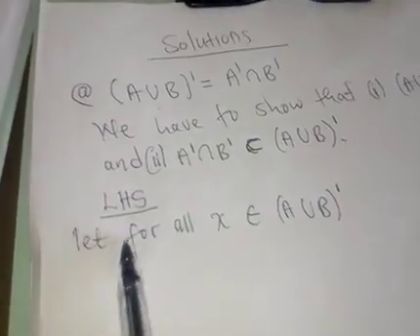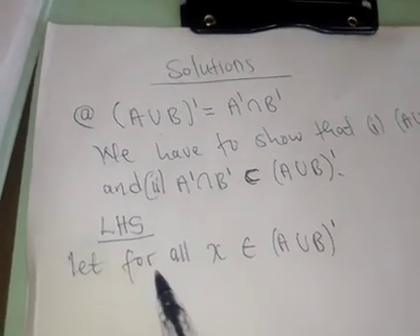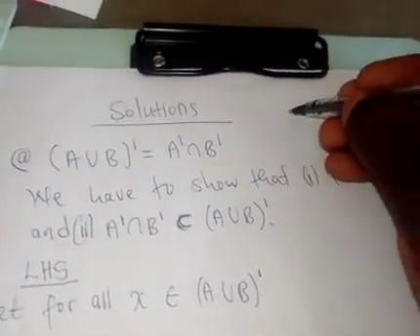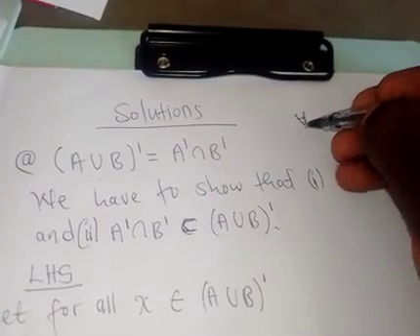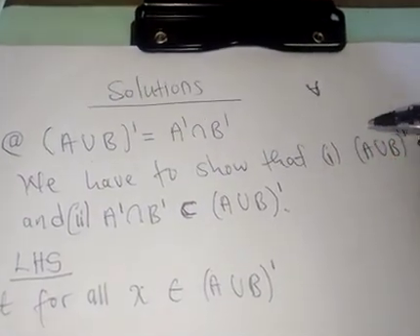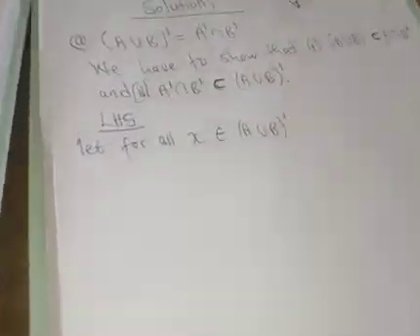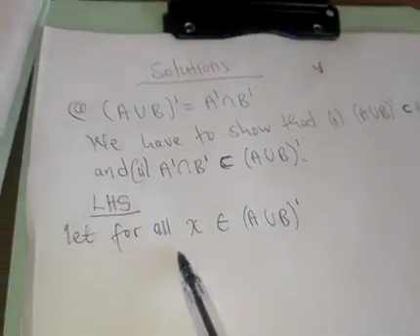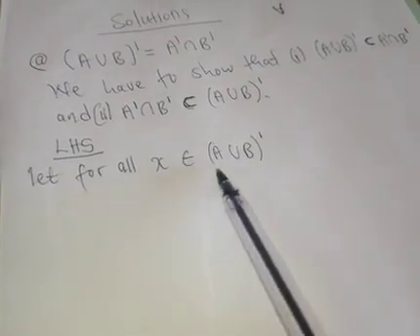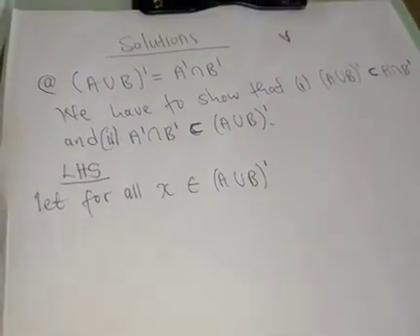Where there is "for all x's", you can also use the symbol that looks like an upside-down letter A; it's one and the same, and you can substitute it. So, let x be a member of (A union B) complement.